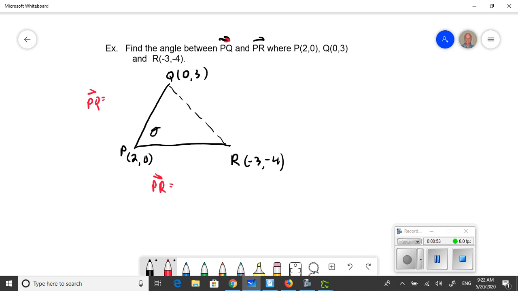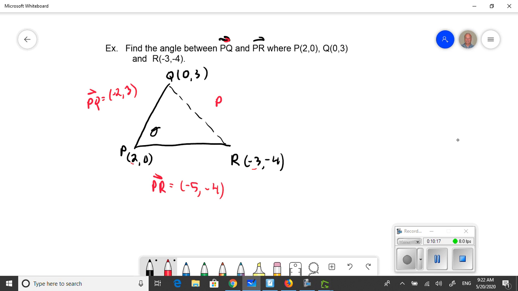Okay, so I need displacement vectors. PR is going to be negative 3 take away 2, that's negative 5, and negative 4 take away 0. Okay, good, fair enough. And PQ, my displacement vector, is going to be 0 take away 2, that's negative 2. Okay, and 3 take away 0 is 3.